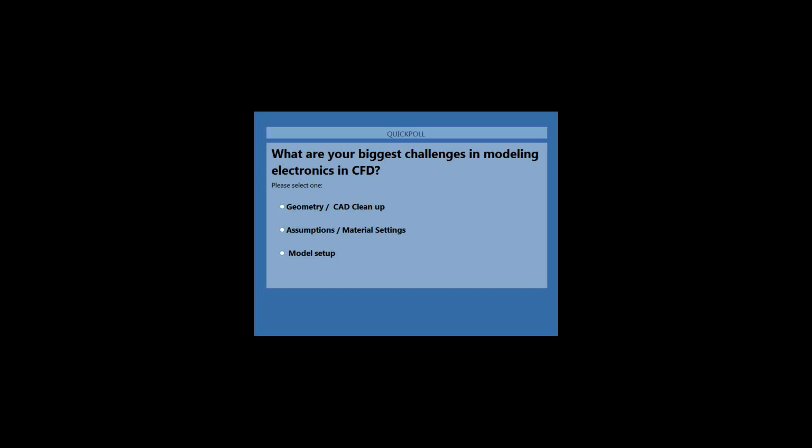I see that the trend goes mostly to assumptions and material settings. This is good because this is what we are going to present in the first part of the webinar. I'm going to stop the poll now so that we can see the results.